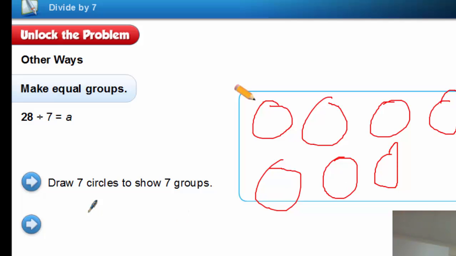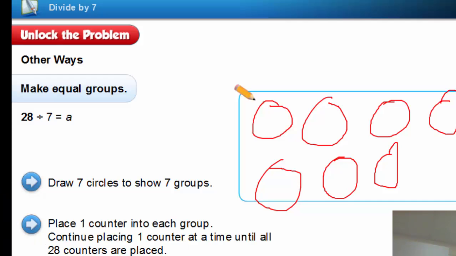All right, there's our 7 circles. And now we're going to place 1 counter in each group to show equal groups until we get to 28.